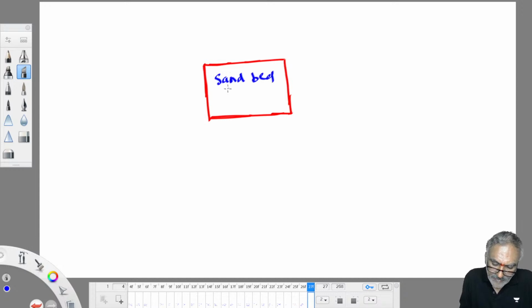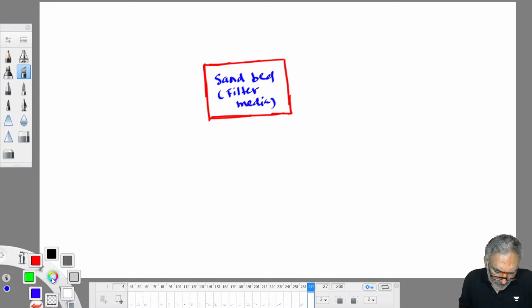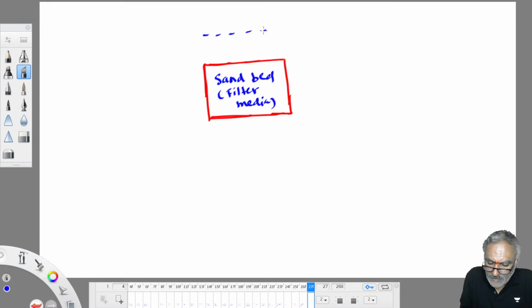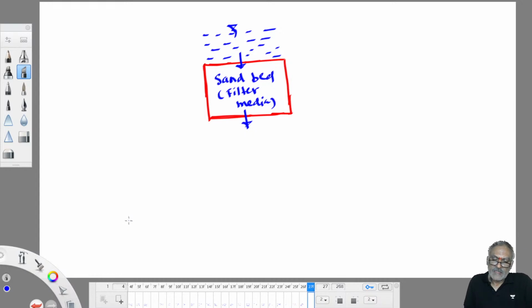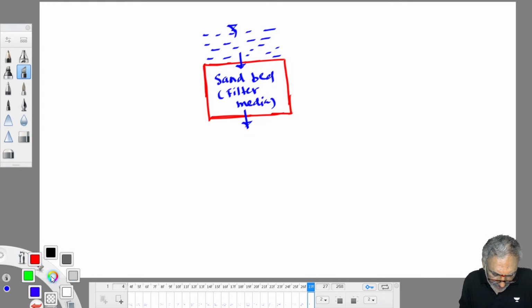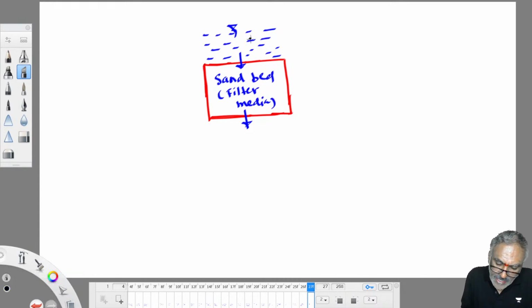This is the sand bed. This is only taken as filter media. On the top of which we apply water. So water moves from top to bottom. While it is passing through the sand bed, all of the impurities present in water are captured by sand. So you will get impurity-free water. Before passing through this sand, the concentration of impurities is C0.